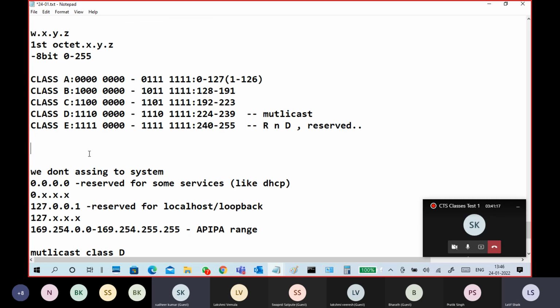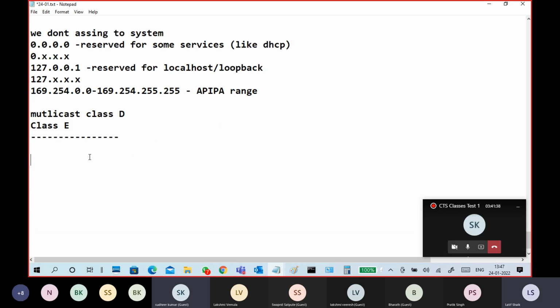Class D is a multicast address. Class A, B, C are unicast addresses. Maybe some people have a doubt: sir, you didn't tell what is unicast, what is multicast, what is broadcast.